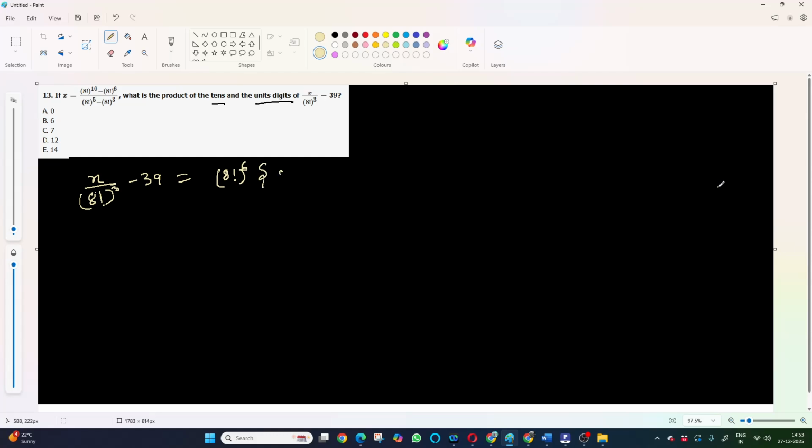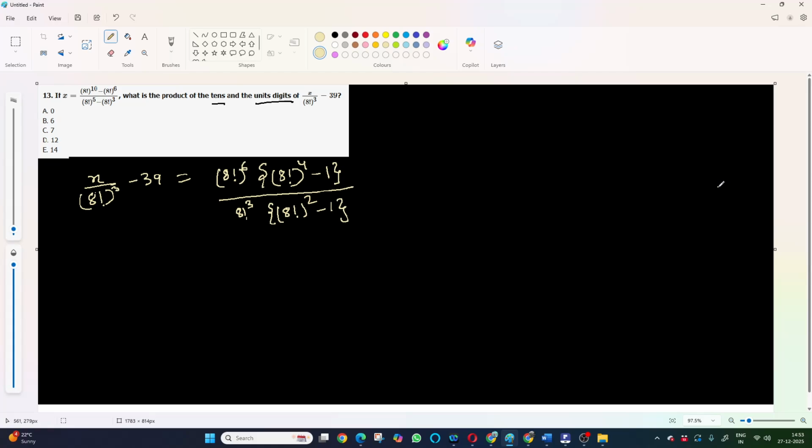What remains inside is 8 factorial to the power 4 minus 1. And below, in the denominator, the common factor is 8 factorial cubed, and then inside we have 8 factorial squared minus 1 as well.